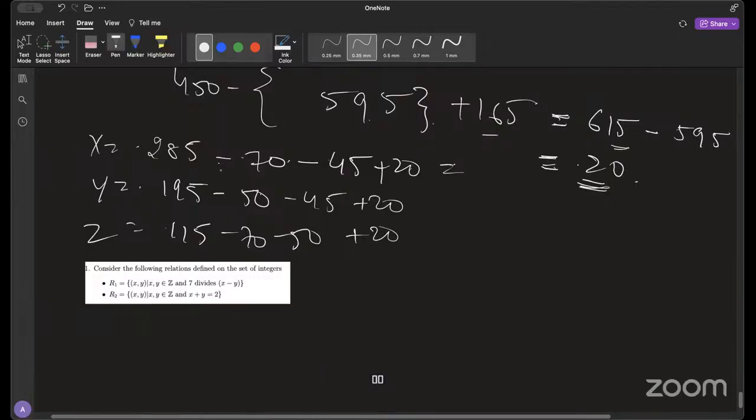A union B union C is 190. 190, ma'am. One is 40 and 95.